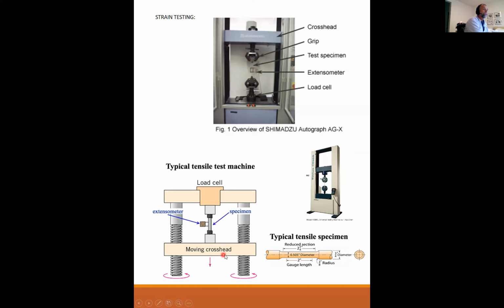You have this crosshead that pulls the whole specimen down while the top is being held firm, and you measure with the extensometer. I know I'm not pronouncing that right, but for now, it's a stretchometer that tells you how much this material has stretched while it's actively being pulled. Okay, does that make sense?